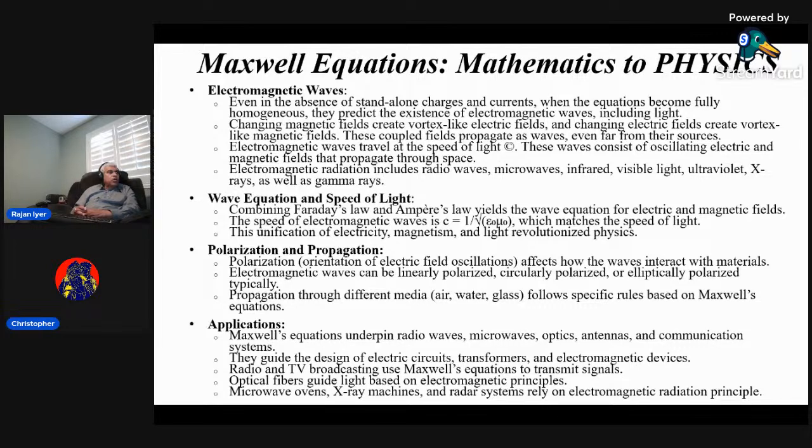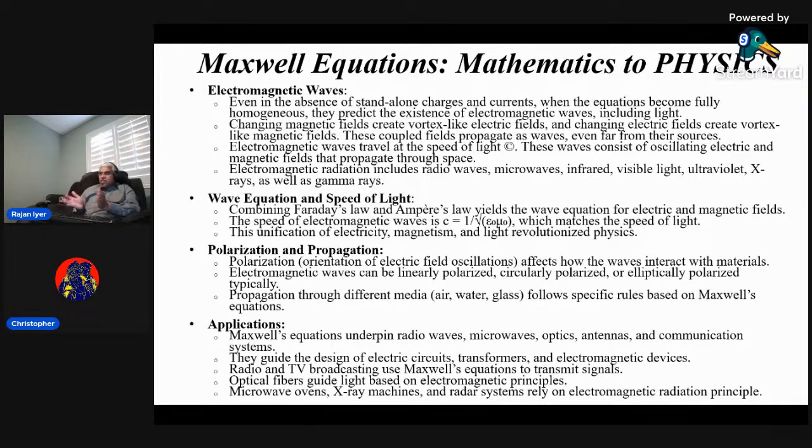And this unification of electricity and light revolutionized physics, because now one of them is the polarization aspect. The orientation of the electric field affects how the waves interact with materials. So we could characterize the materials based on this property.